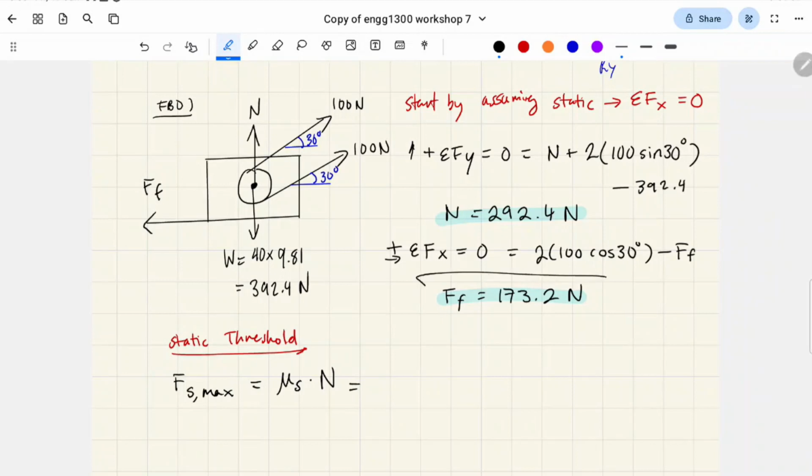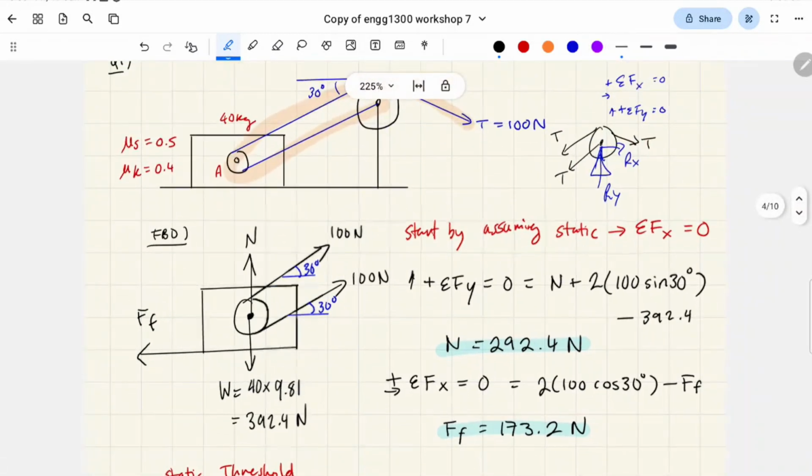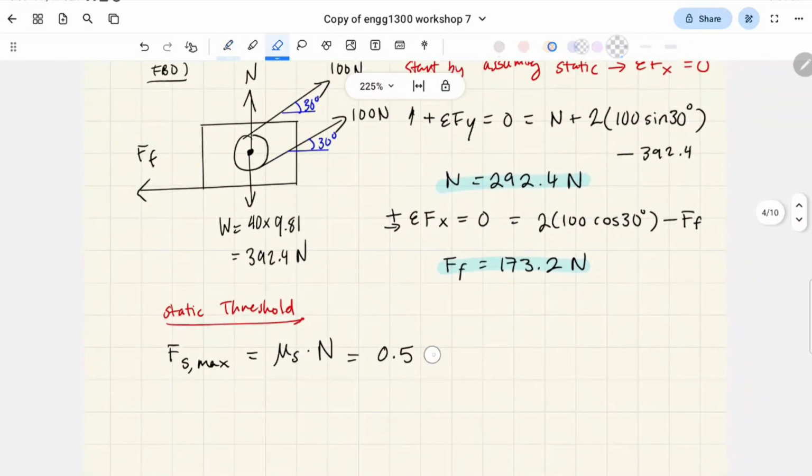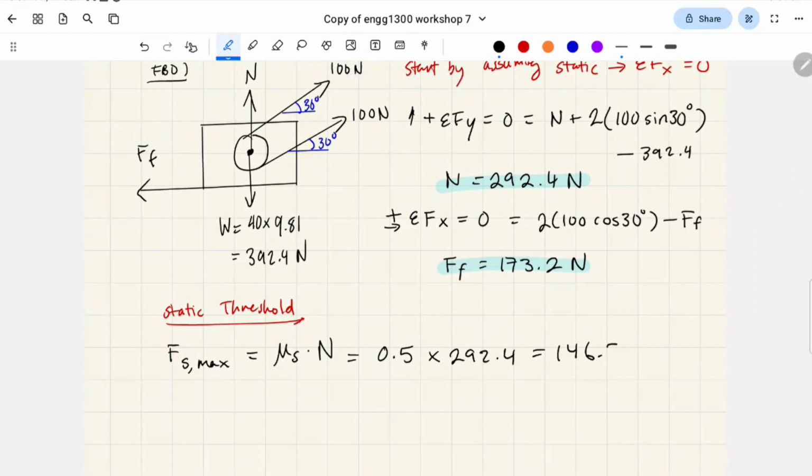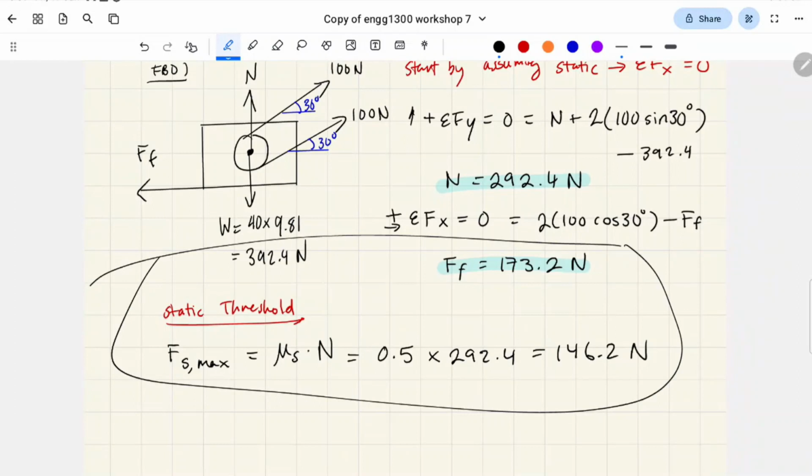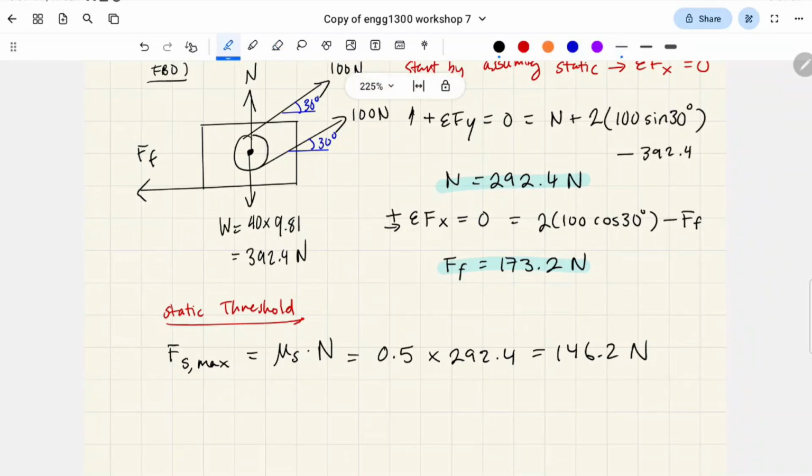The other one's the unknown that you're solving for. So we plug in 0.5, which was our static constant, multiplied by n, which we solved for. If this stuff's not making sense, I'll draw out the graph shortly. But essentially that's our threshold.